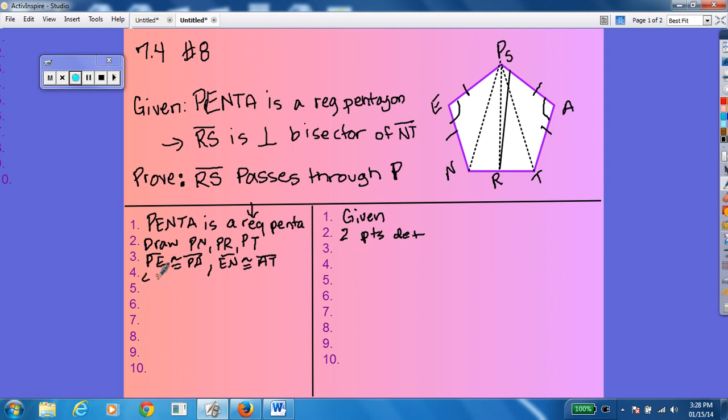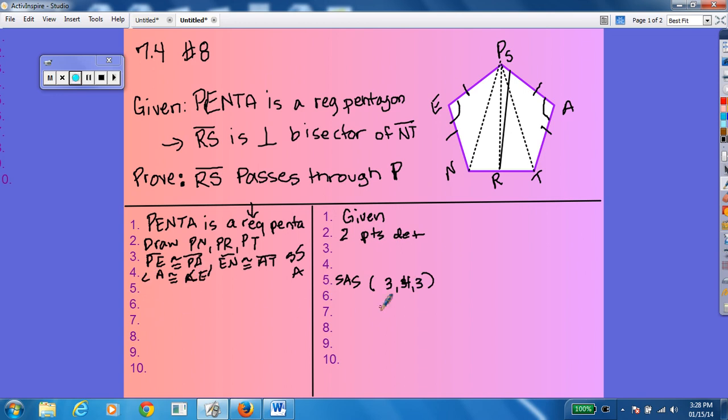And we're going to say angle A is congruent to angle E. And same thing, angles inside a pentagon are congruent. This allows us to prove side angle side. You will have to write down here what triangles you found were congruent.